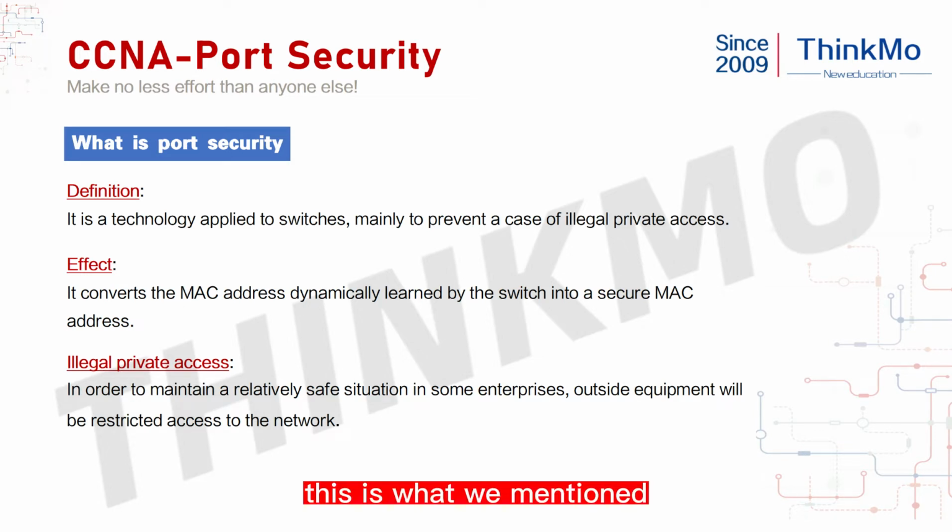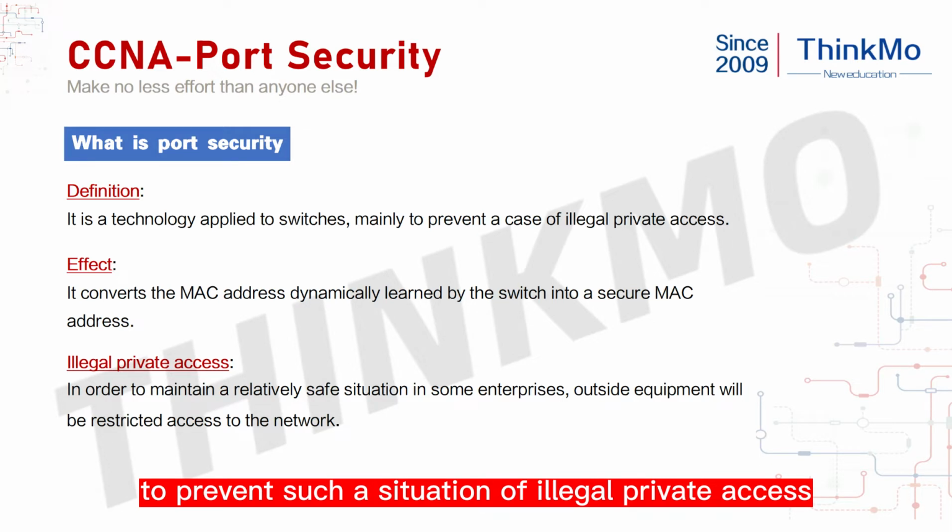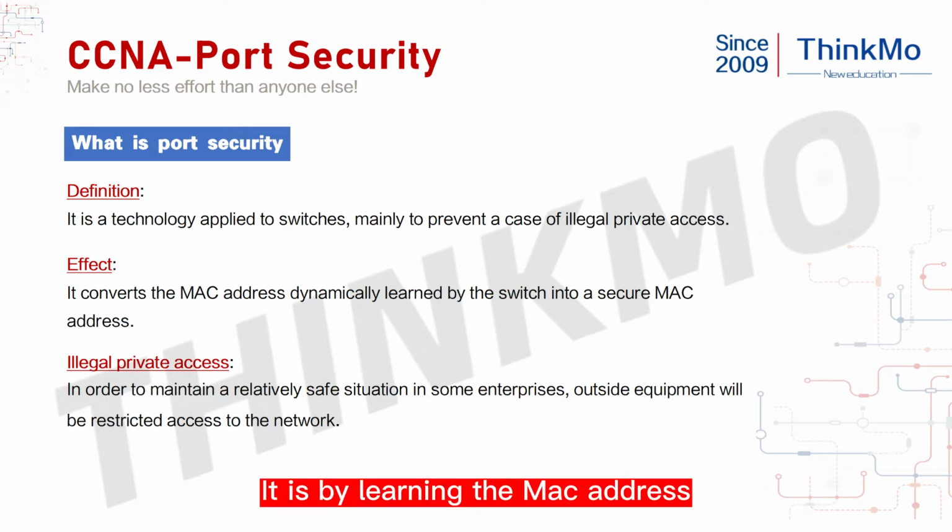This is what we mentioned. To prevent such illegal private access, it works by learning the MAC address. Of course, not necessarily through dynamic learning. It can also be manually bound, which is also possible.